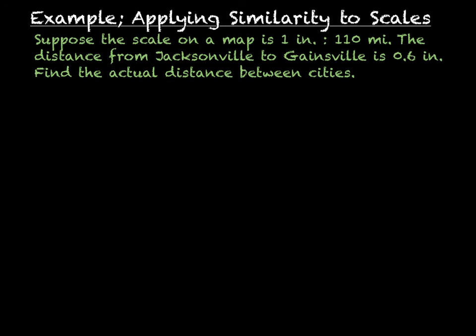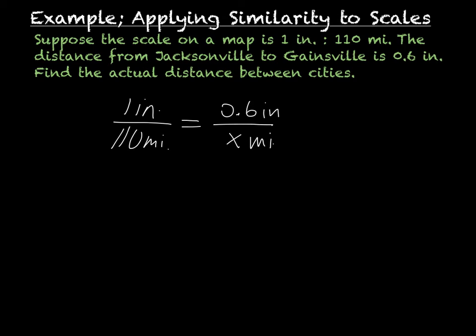The last example is another one with scales. We're going to use the same scale of the map, 1 inch to 110 miles, and the distance from Jacksonville to Gainesville is 0.6 inches. We want to find the actual distance. So I'm going to put 0.6 inches on top because that's my map row, and then below that I don't know the distance, so I'm just going to put x miles. Then I solve by cross multiplying, so I have 1 times x equals 0.6 times 110.